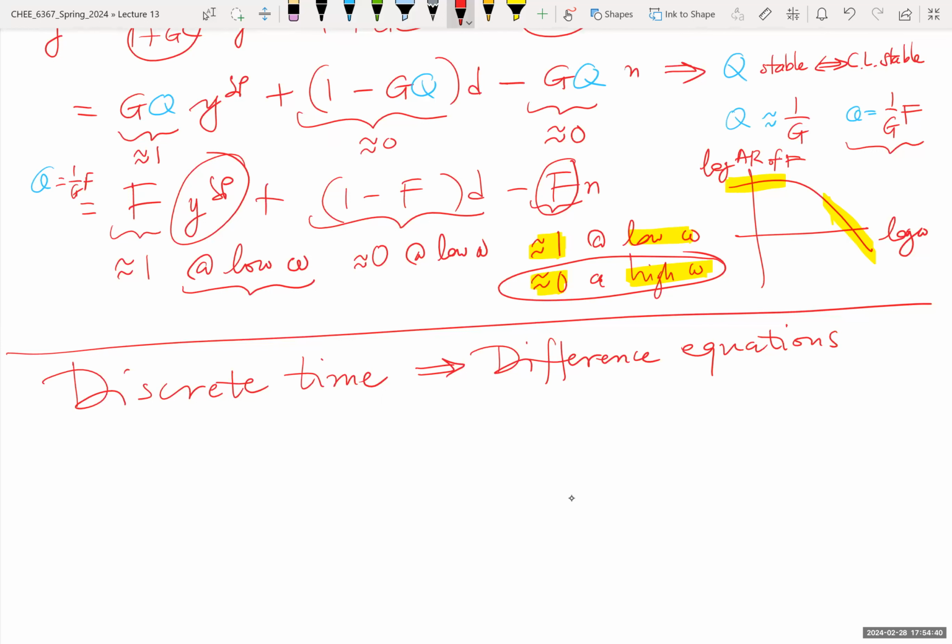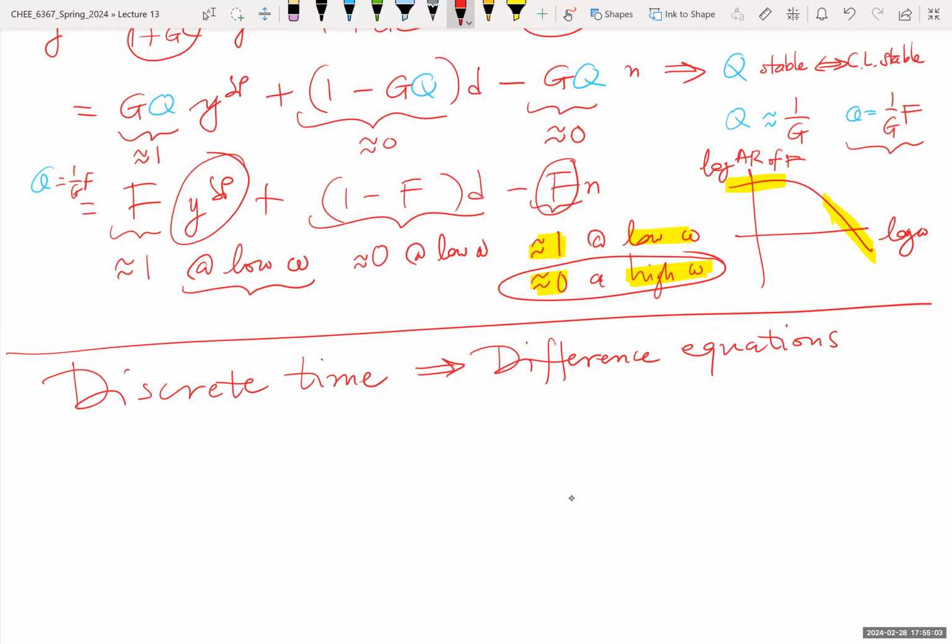For continuous time, we have to solve differential equations. There's plenty of good software these days, and you can use Euler's method in Excel to solve differential equations. But difference equations just say the next value is equal to the previous value plus something, so that you can do in Excel. You don't even need much sophistication. We gave an example last time.